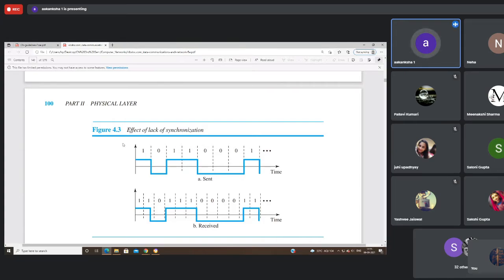Can you see in figure 4.3, parts A and B? In part A, the bit duration at the sender side is longer, but the clock at the receiver side is fast. So you can see these 2 bits, 1 and 1.